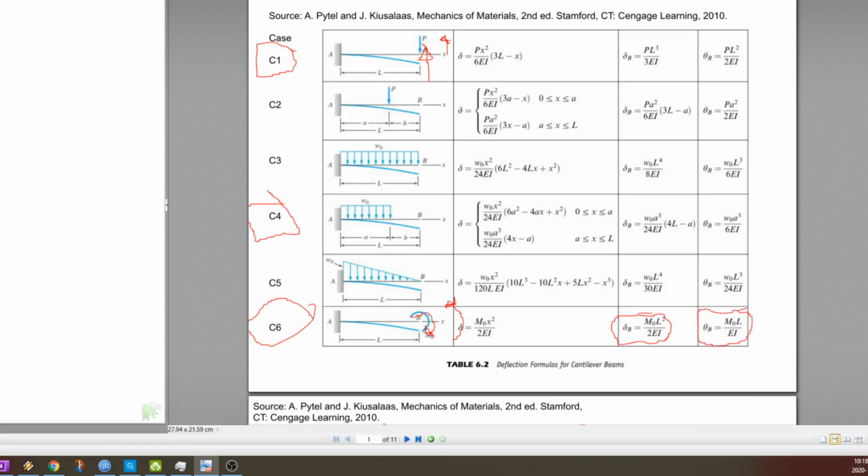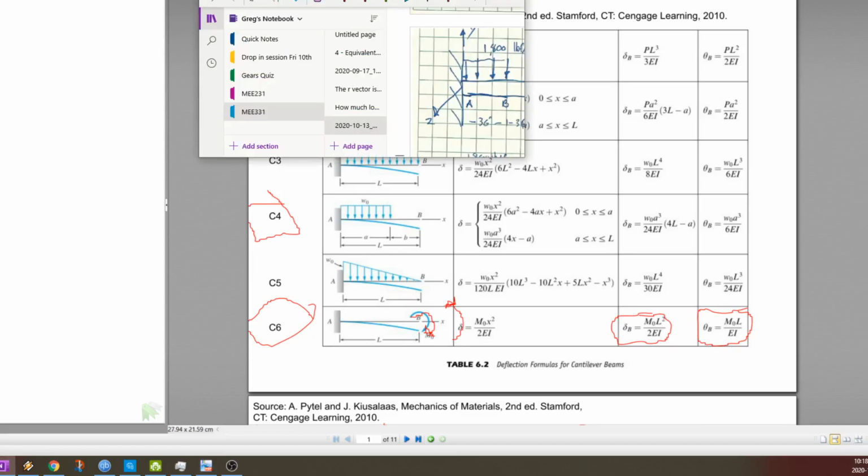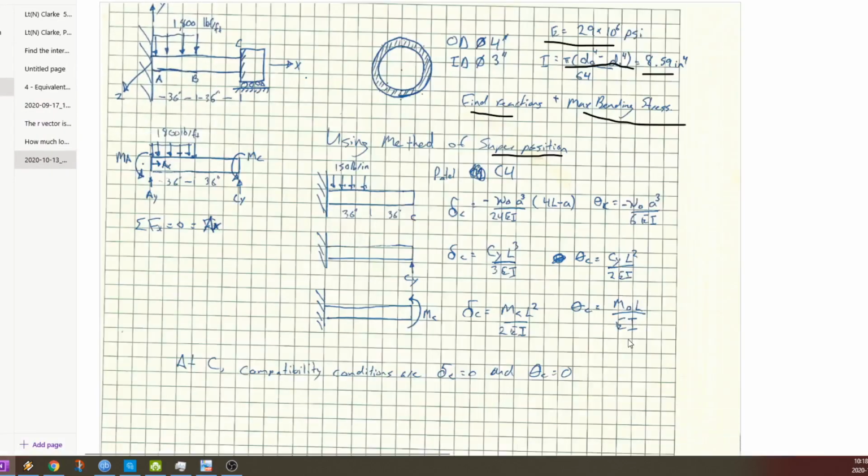So let's flip back to here. So again, keeping both of these as positive due to the fact that the direction was flipped there.